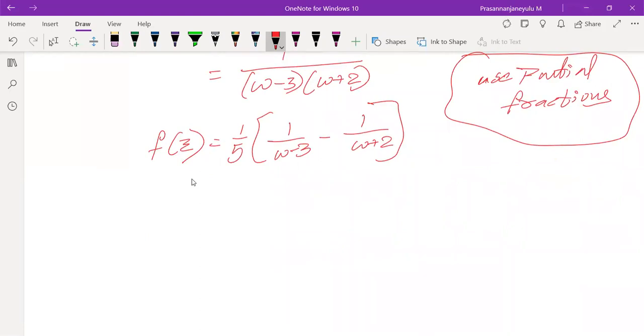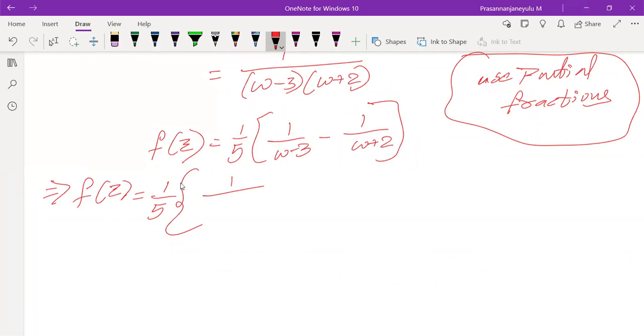Okay, so now writing the right hand side part like this, f of z equals 1 by 5 into, do we have any formula for 1 by w minus 3? No. So in that case, what we have to do, I discussed in the last problem. What do we have to do? Please respond.